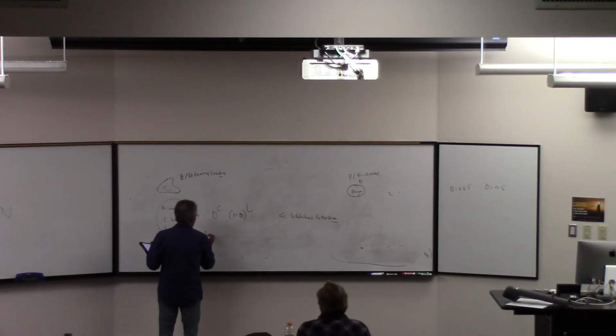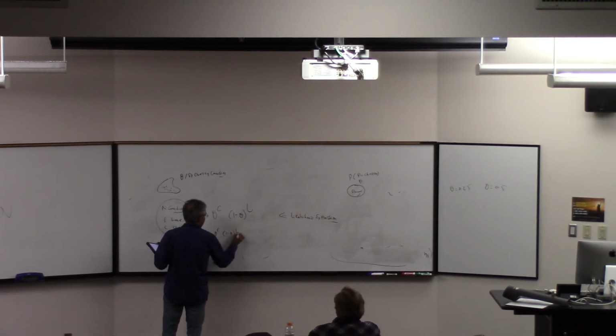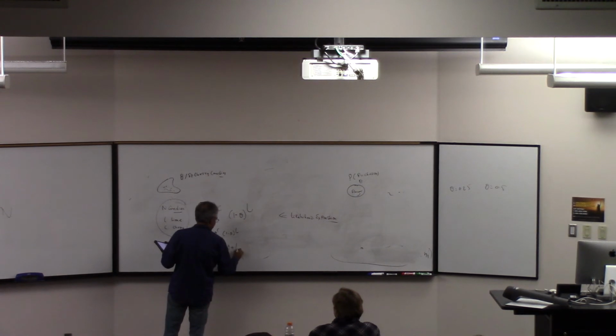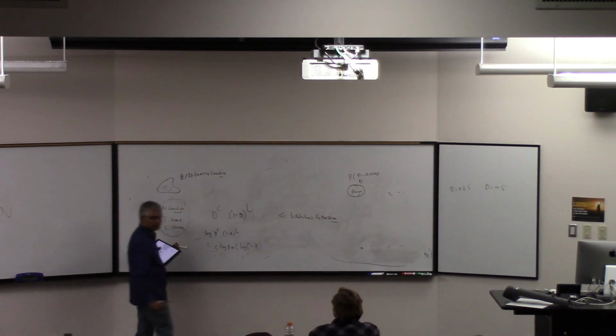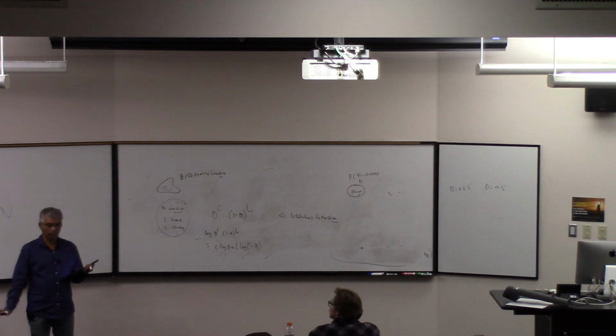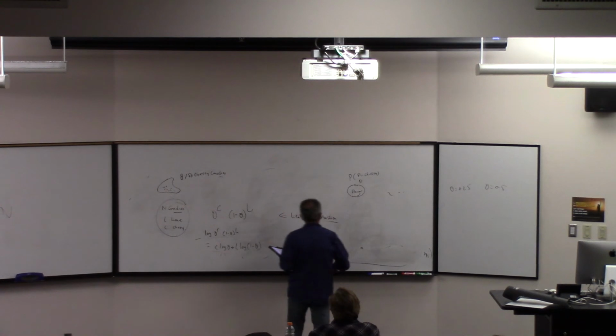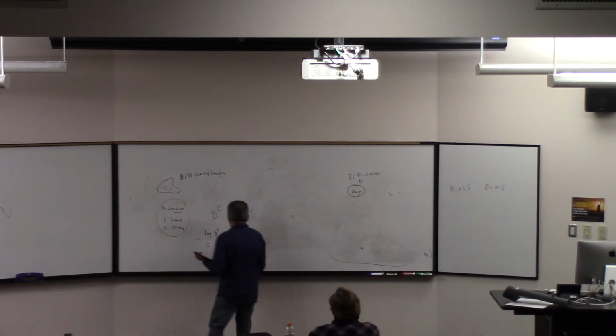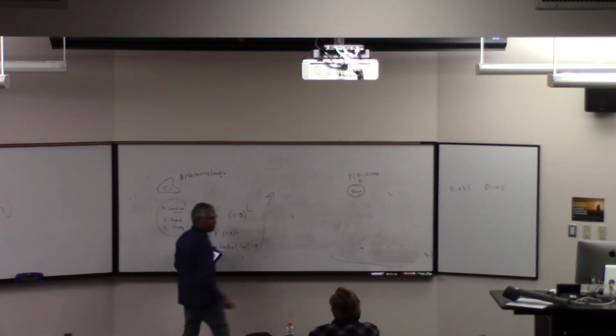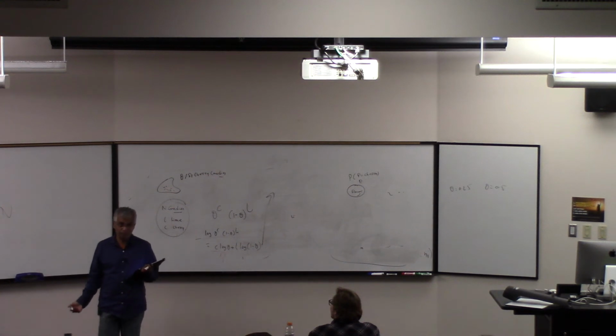So there will be log of theta power C times (1 minus theta) power L, which is C log theta plus L log (1 minus theta). It's like high school calculus. At this point, I need to maximize this with respect to theta.